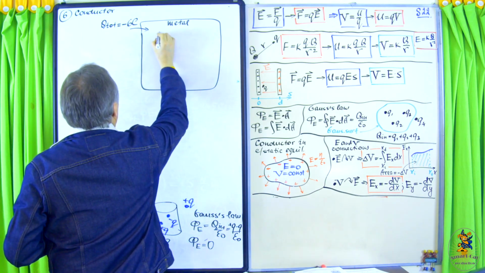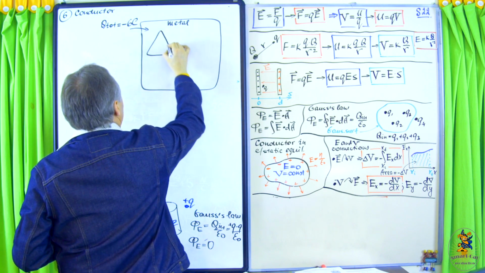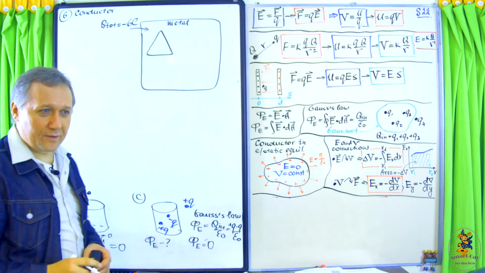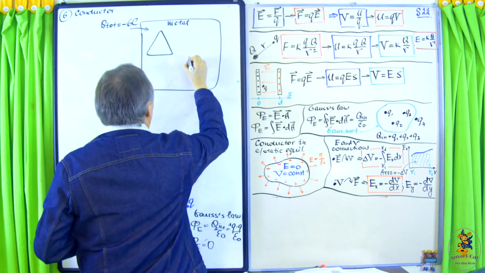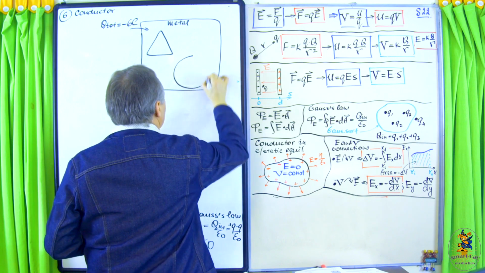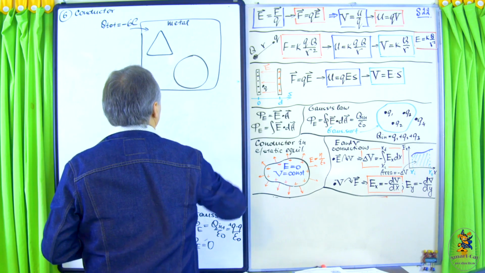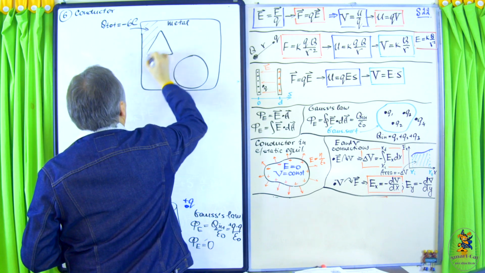Let me draw the first one over here. Just for fun, I created complicated holes with complicated shapes: first triangular, and then circular. And the metal is here.